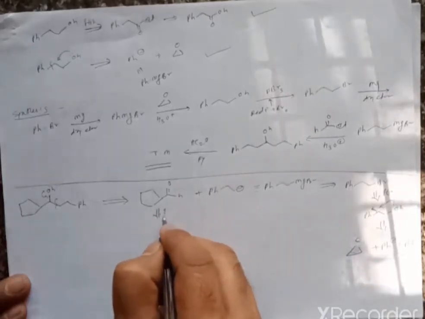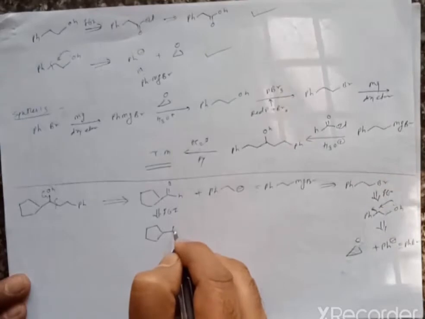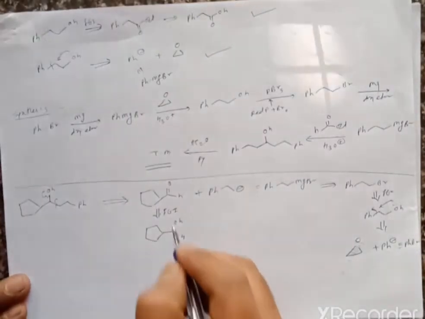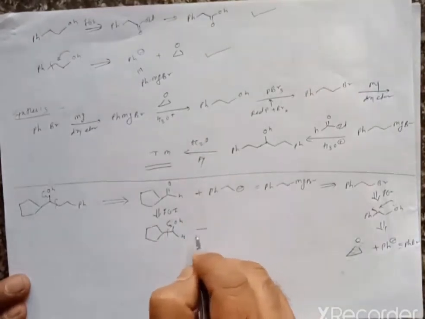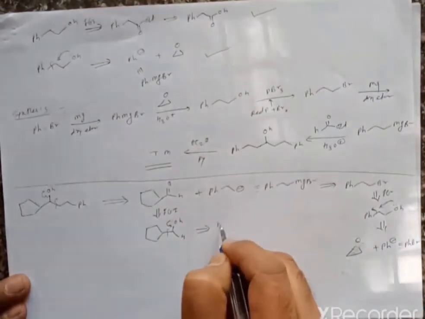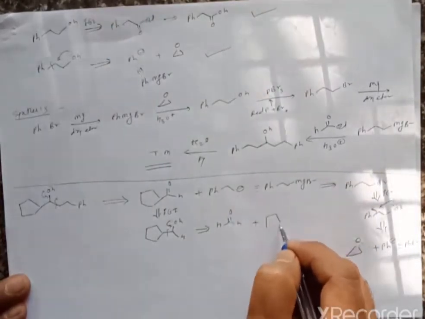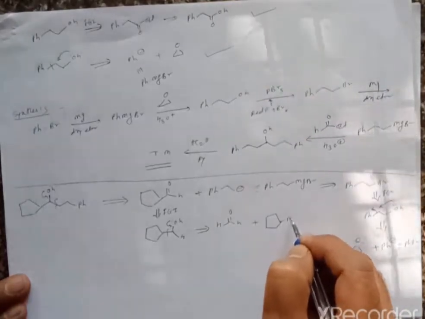Then we can go for functional group interconversion again. Instead of taking this aldehyde, if we go for alcohols, then it gives formation of a compound like this. So this is alcohol, right? Now we can break this alcohol at this position, and then it gives formation of formaldehyde, C double bond O, plus along with there is a cyclic anion, that is MgBr.